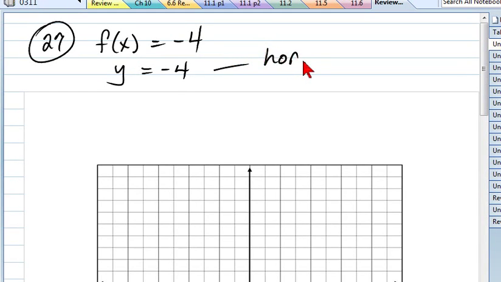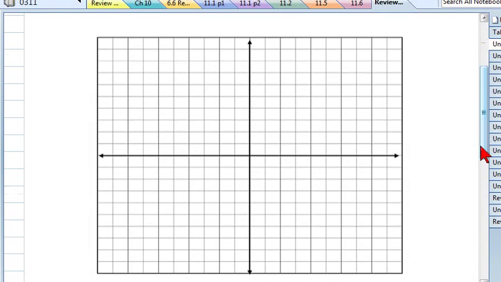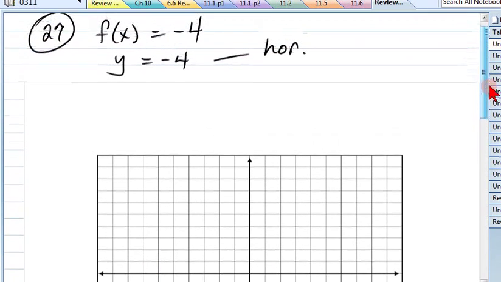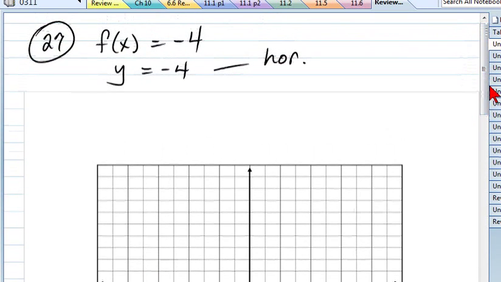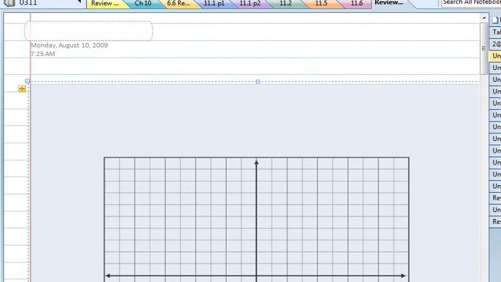It's going to cut through the y-axis at negative 4. And that's all there is to that one.